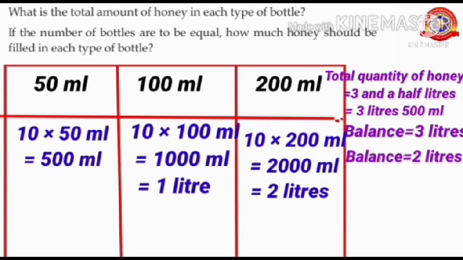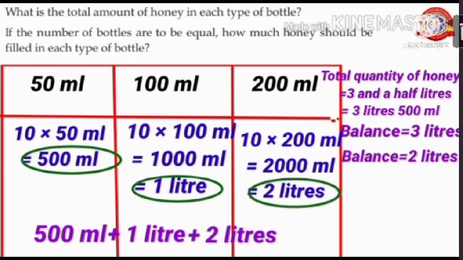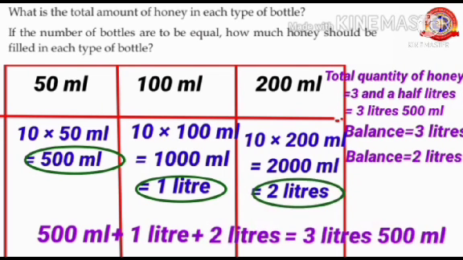See children, how much honey is filled in each type of bottle? Yes, 500 milliliters of honey in 50 milliliter bottles, 1 liter of honey in 100 milliliter bottles and 2 liters of honey in 200 milliliter bottles. Total 3 liters 500 milliliters.